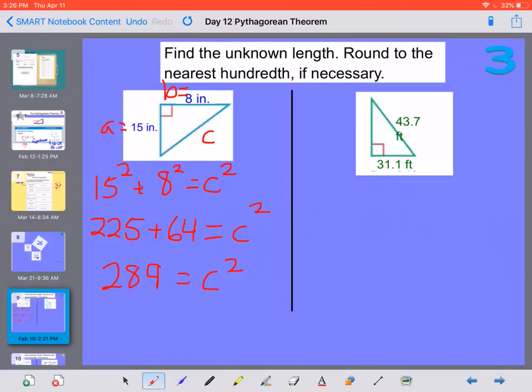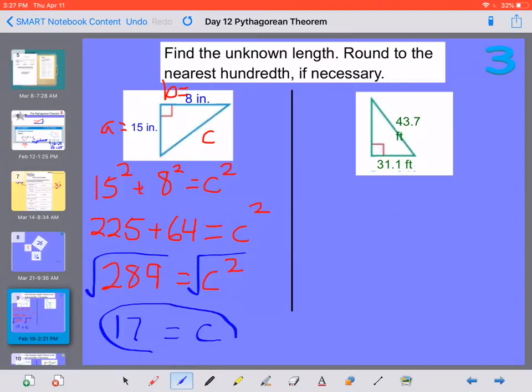Now we need to get c by itself. So what we got to do is do the opposite of squared. And the opposite of that is to find the square root. So if I find the square root of c squared, I also have to find the square root of 289. So the square root of 289, well that's going to be 17. So c is going to equal 17 in this case.